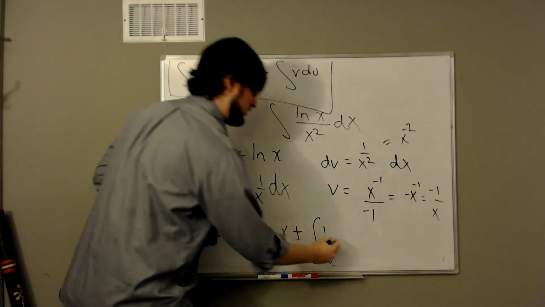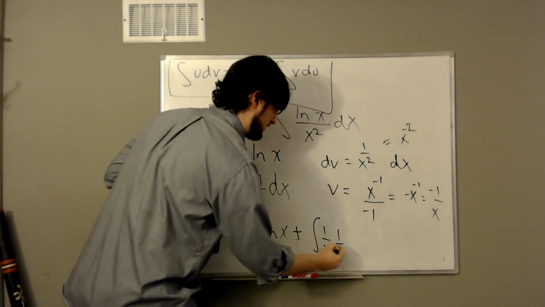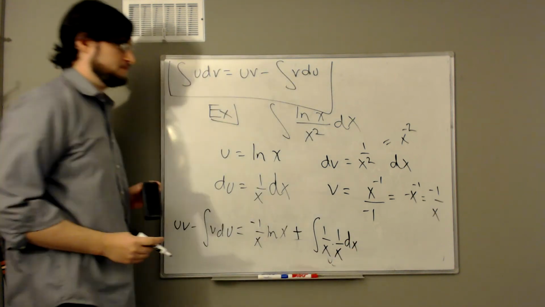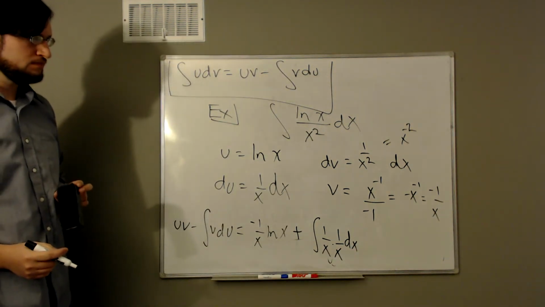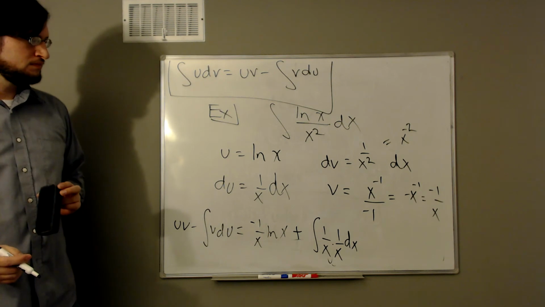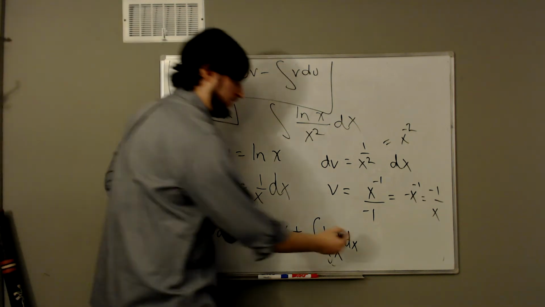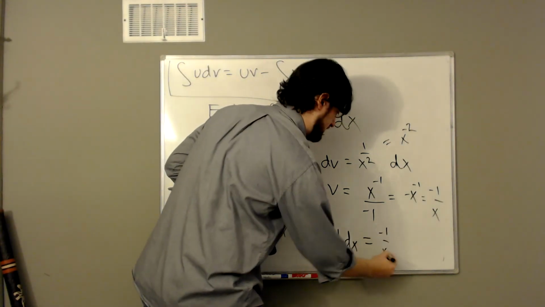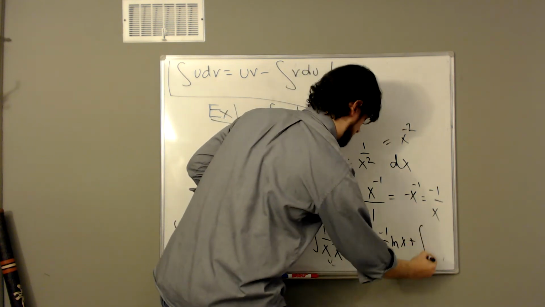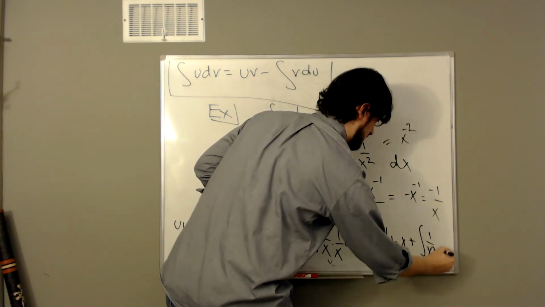We also need du. du is another 1 over x dx. And so this is minus 1 over x ln x plus the integral of 1 over x squared dx.